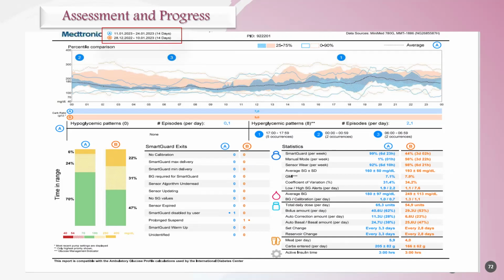Comparison between one segment and another lets you see not only the improvement, but it can be encouraging for the patient, especially if he changed his behavior towards a good behavior. You will see what happened when he did this maneuver.